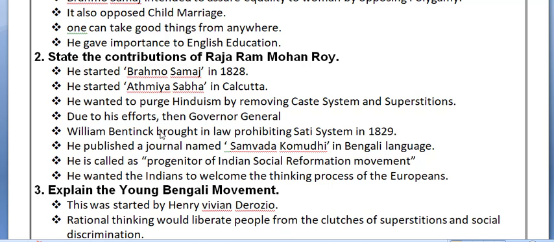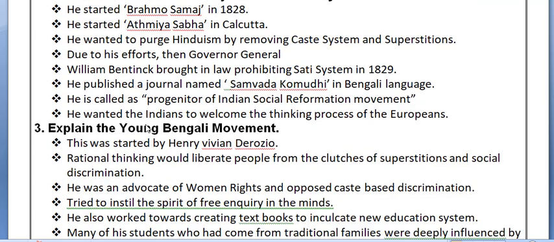Due to his efforts, the then Governor General William Bentinck brought in a law prohibiting the sati system in 1829. He published a journal named Samvada Kaumudi in the Bengali language. He is called the progenitor of the Indian social reformation movement. He wanted the Indians to welcome the thinking process of the Europeans.